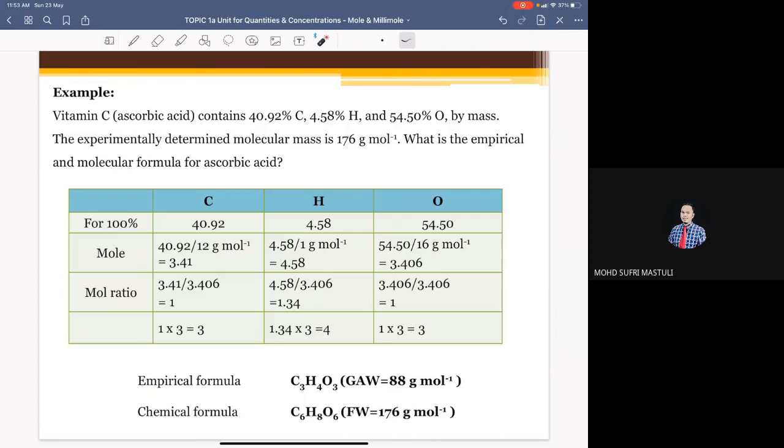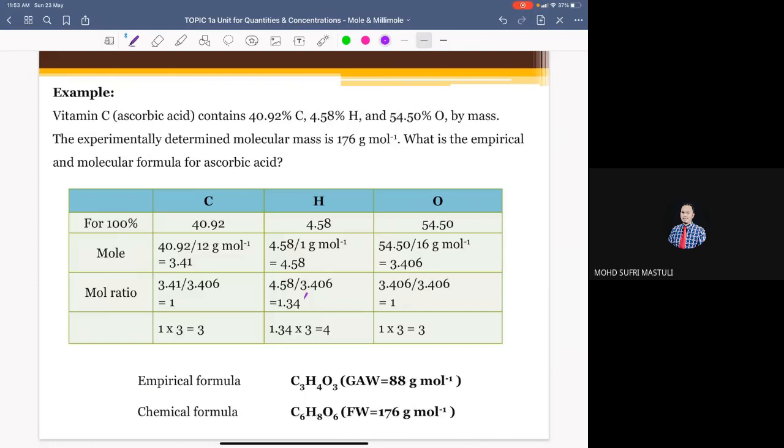The others are okay because they're already whole numbers. So we have to try multiplying by 1, by 2, by 3, or by 4, and so forth until you get a whole number. If we multiply by 1, you get the same answer.